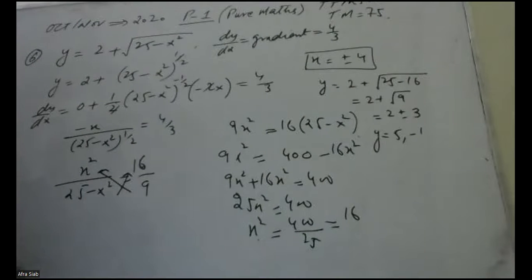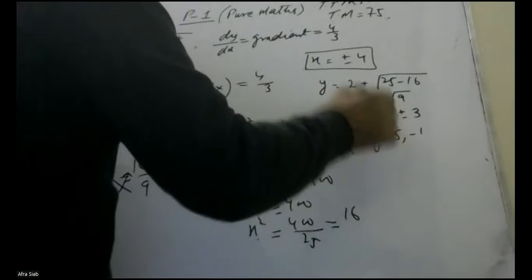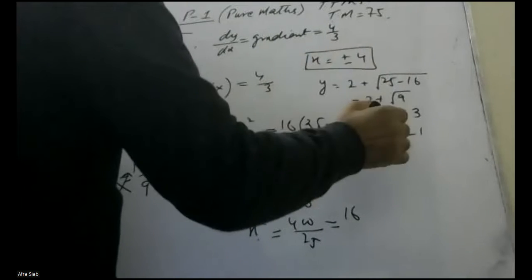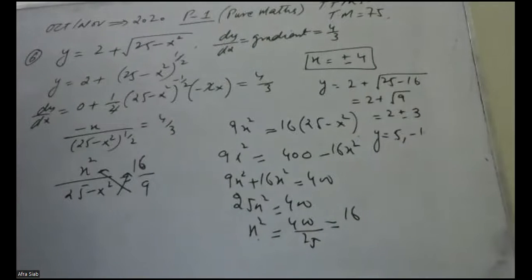So x value is 4, then y value is 5, or y value is minus 1. If x value is minus 4, then y value is 5 and minus 1. So these are the x coordinates of the coordinates of this curve there when the gradient is equal to 4 over 3.